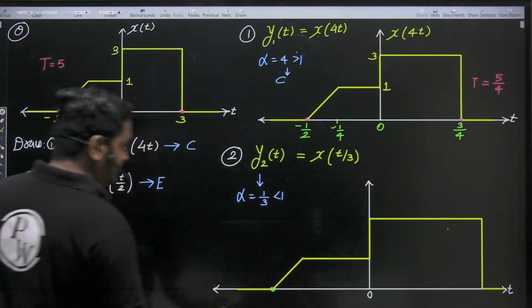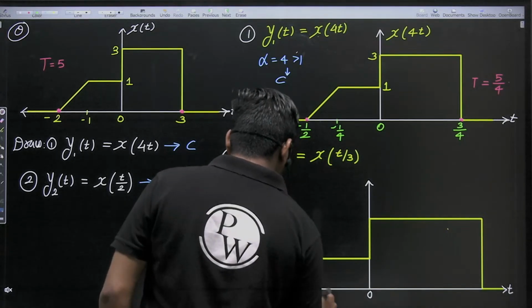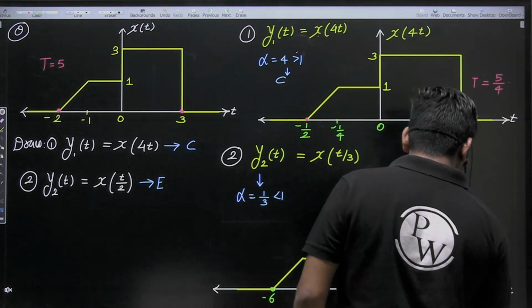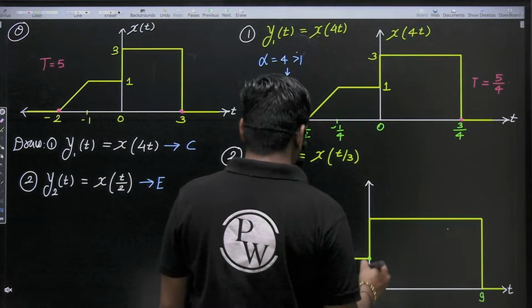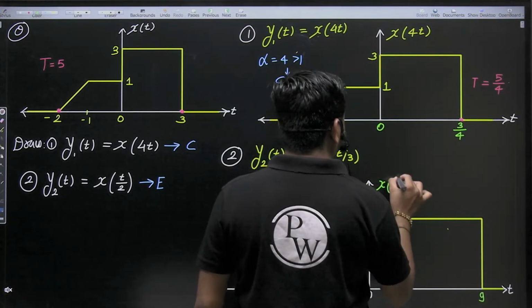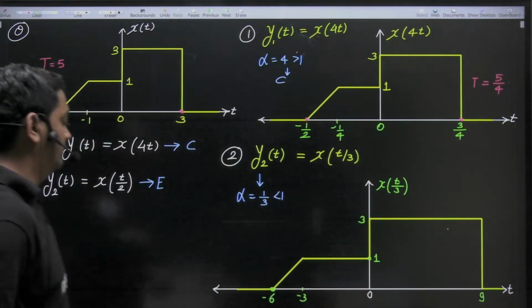So here it is minus 6, multiplied by 3, then it is minus 3, then this is 0, multiplied by 3, this is 9, guys. There is no change in amplitude. Here it is 1, this is 3, and this is your x of t divided by 3, guys.